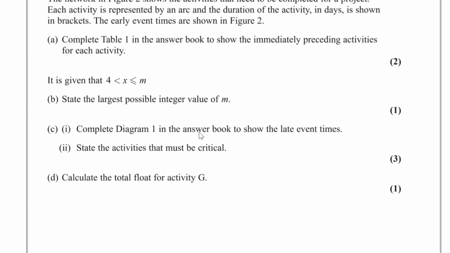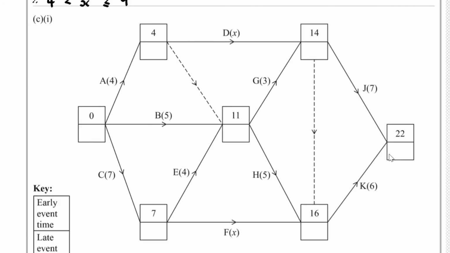Next, we have to complete diagram 1 in the answer book to show the late event times and then state the activities that must be critical. So, we have the 22, which would go here. Now, if I work backwards, well, 22 take away 6 is 16. There's nothing to compare it with.